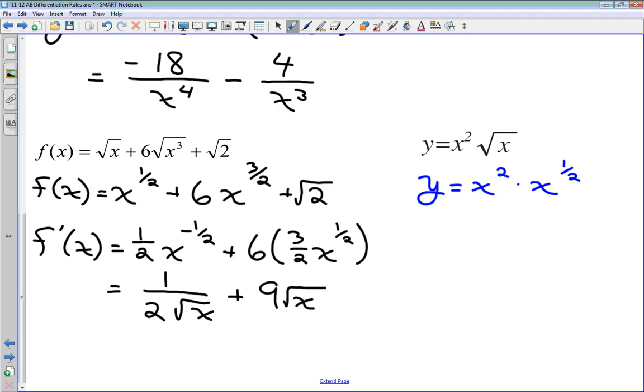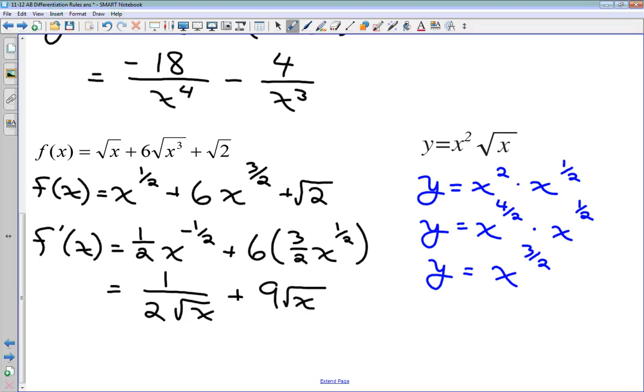But at this point right here, it's easiest just to simplify this. If I'm multiplying powers of the same base, I can add the exponents. So I want to think of this as x to the power of 4 over 2 times x to the power of 1 over 2. I've got a common denominator, so I can add those exponents, x to the 3 over 2.